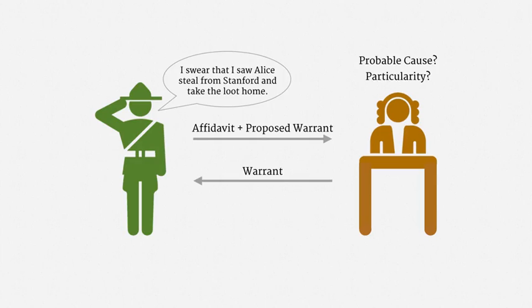I want to make two quick notes about warrant procedure in federal law. First, warrant applications are usually heard by magistrate judges. They have many of the same responsibilities as Article III judges, but they don't hold lifetime appointments. Second, the procedure for federal search and seizure warrants is extensively detailed in Federal Rule of Criminal Procedure 41.